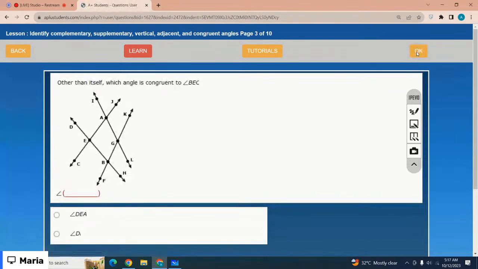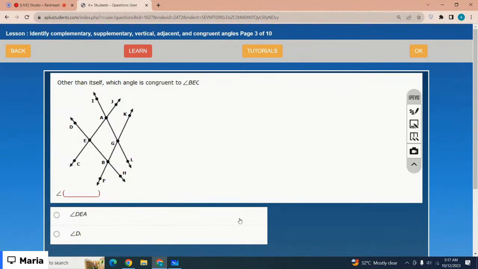Other than itself, which angle is congruent to angle BEC? Where is BEC, right? So which angle is congruent to BEC? That would be the vertical angles, the angles that are on the same lines but on the opposite side, right?